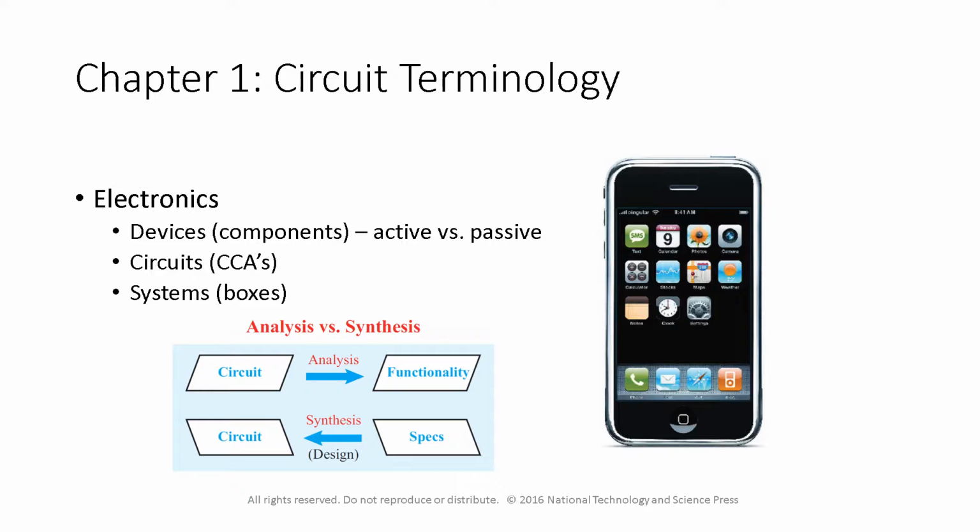And then you look at that functionality, and maybe you have too much current going through a certain spot, or maybe you're not having the right amount of amplification for your camera, or other output criteria that might bring you back to the specs and back to a synthesis. So this circle spins for a bit until you get a circuit or a box or a system that gives you an output that is acceptable and within parameters.